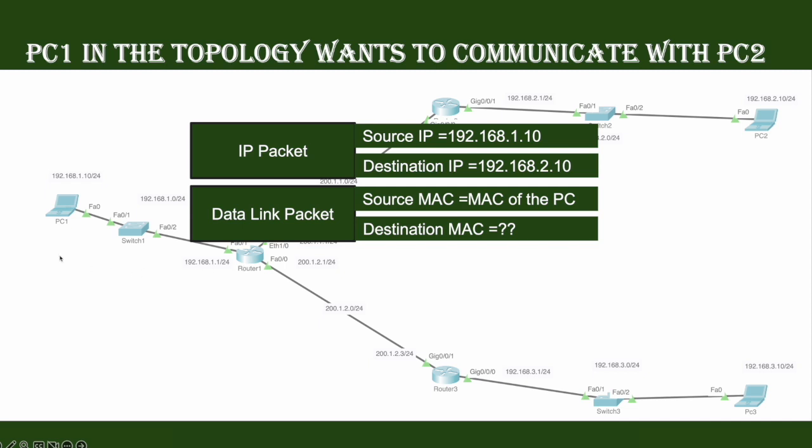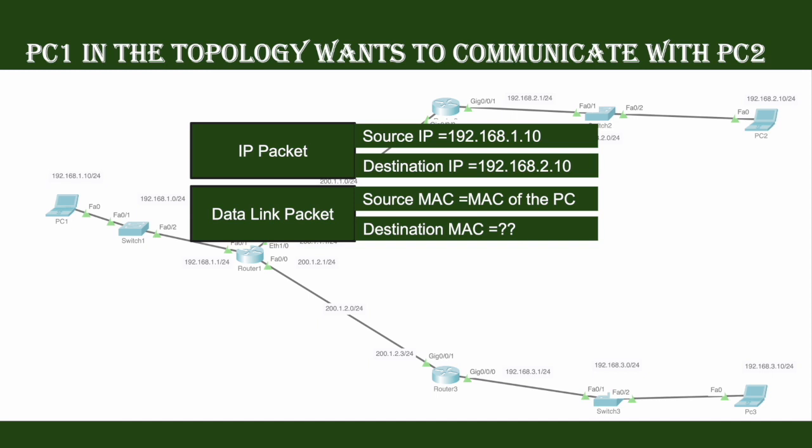But remember, PC1 has no knowledge that there is a router 1. Now we are going to understand how PC1 is going to get the information that there exists a router 1 which has an interface with an IP address of 192.168.1.1. And then we will also see how PC1 discovers the MAC address.